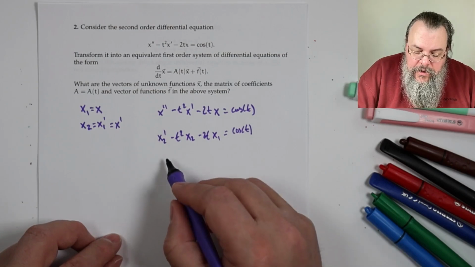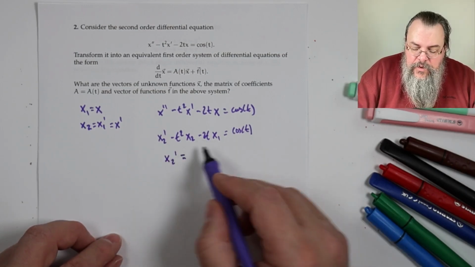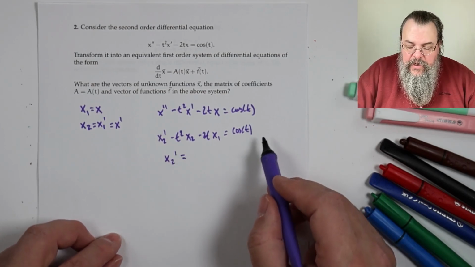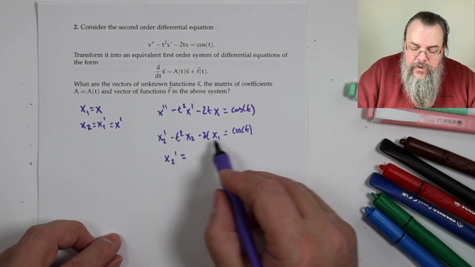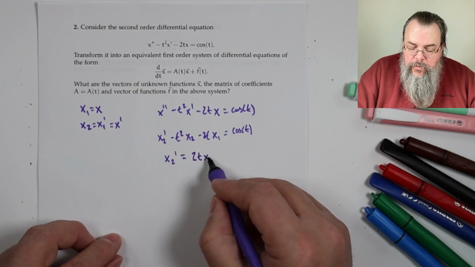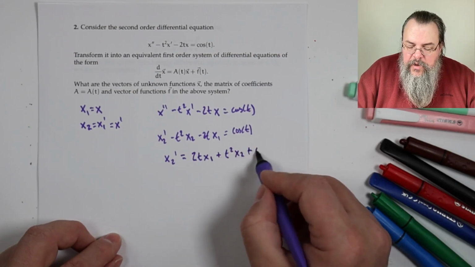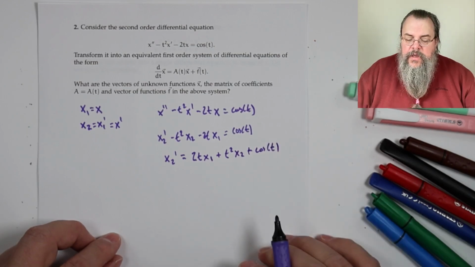Or another way to write this is, x2 prime is equal to, we're going to move stuff across, and I'll go in order of the subscripts here, 2tx1 plus t squared x2 plus cosine t.